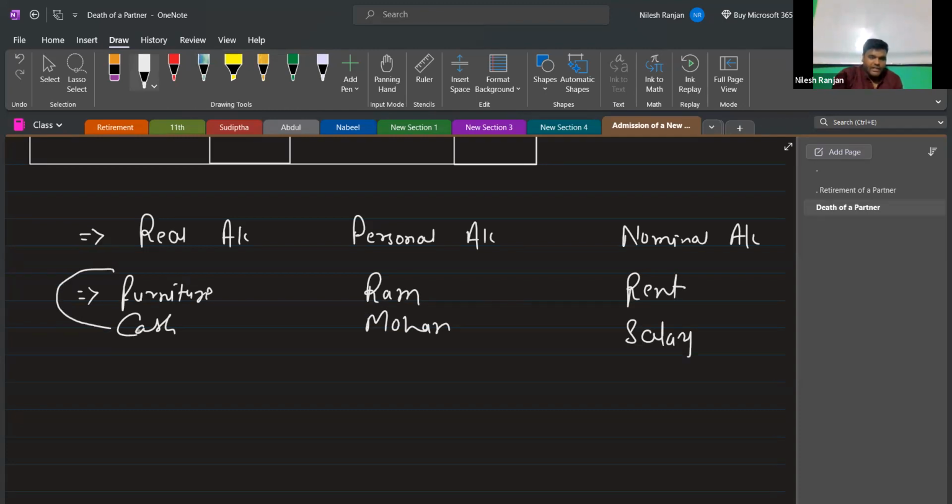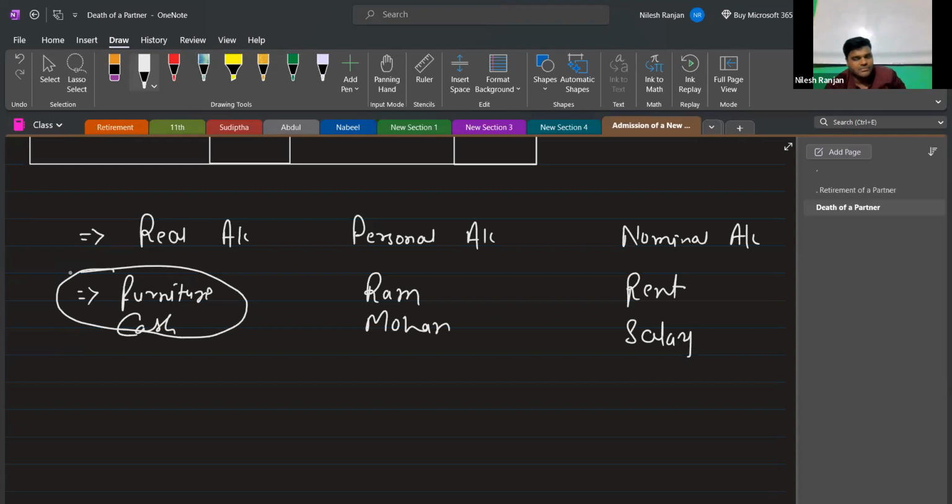At every year closing, there is some furniture or cash balance in the books. Yes or no? Because if you purchased furniture in the current year, at the end of the year there will be some balance in that account. In the same manner, if you transact with persons like Ram, Mohan, there will be several transactions, and at the end of the year there will be some balance left, which is yet to be received or paid to that person.